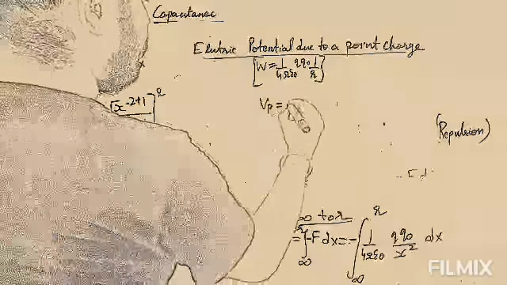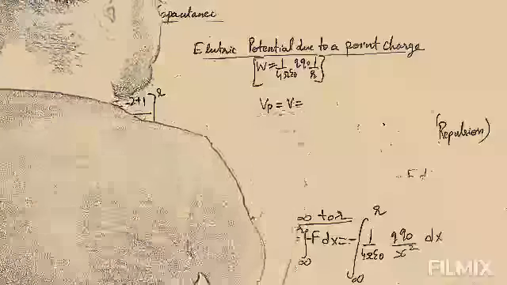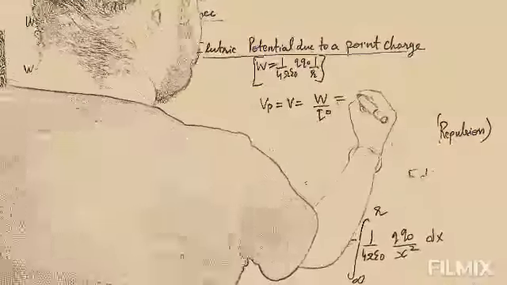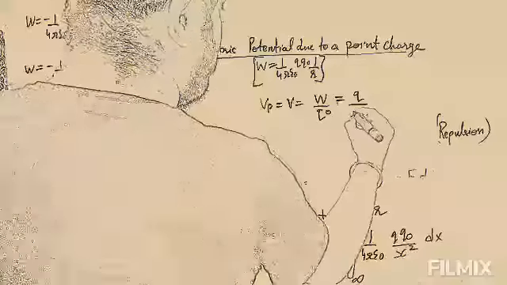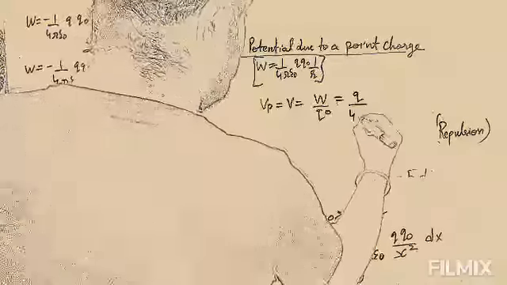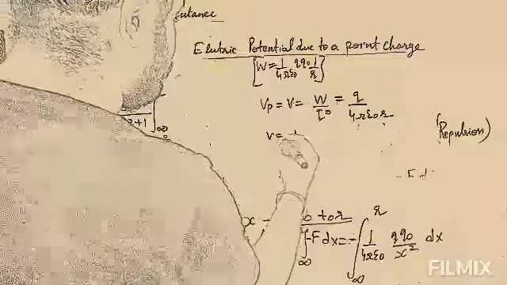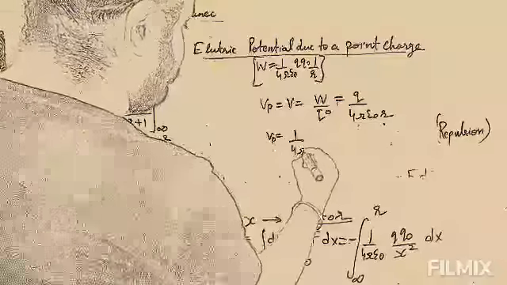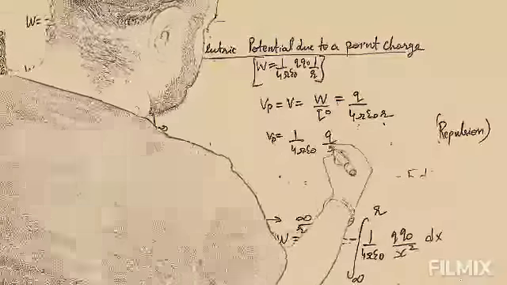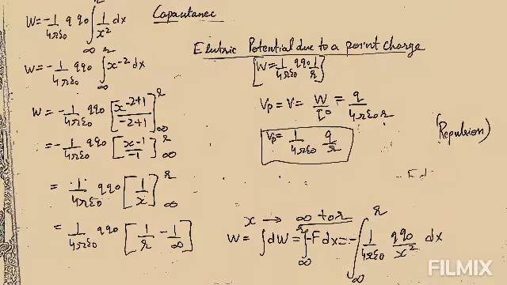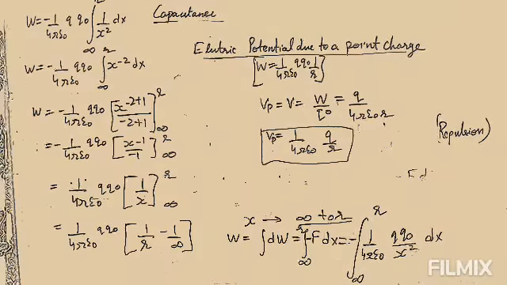So Vp will be equal to this work done upon test charge, so it will be Q upon 4 pi epsilon naught R. Or you can write down Vp is 1 by 4 pi epsilon naught Q upon R. This is the expression for the electric potential due to a point charge.